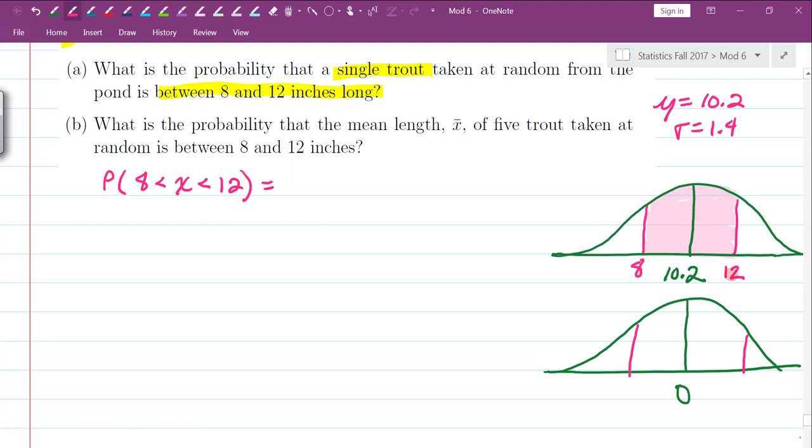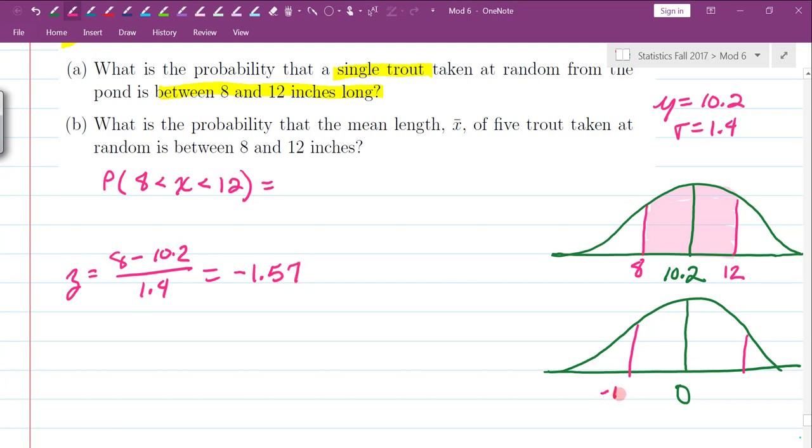So z is equal to 8 minus 10.2 divided by 1.4. We're going to throw that on our calculator, and that is equal to negative 1.57. So my z here is negative 1.57.